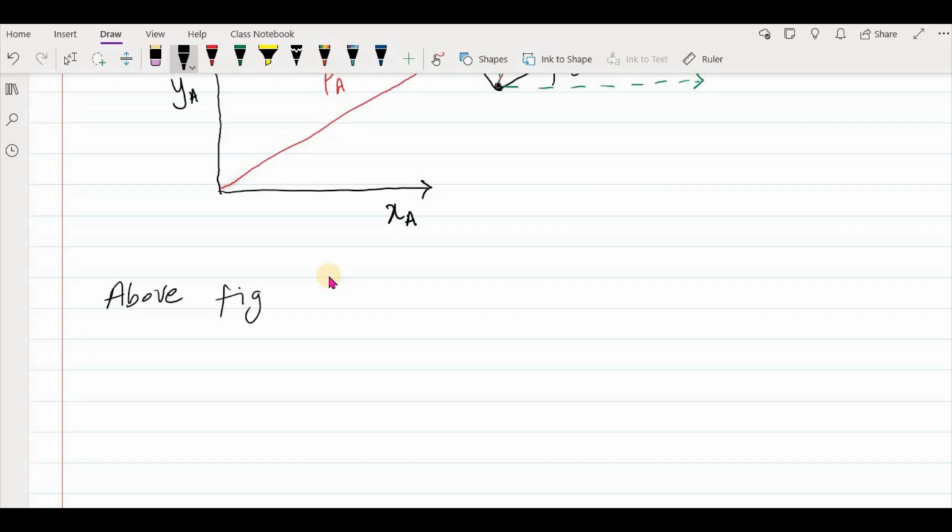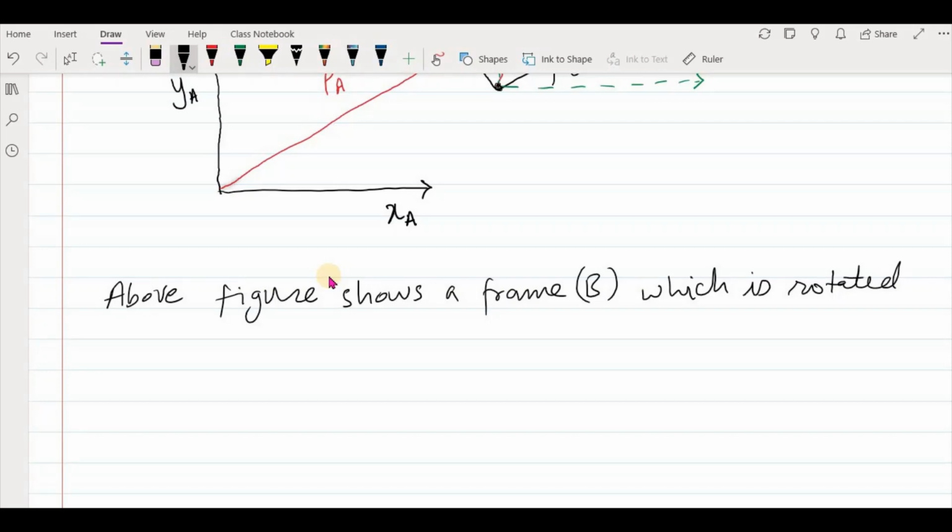The above figure shows a frame B which is rotated relative to frame A about the z-axis.